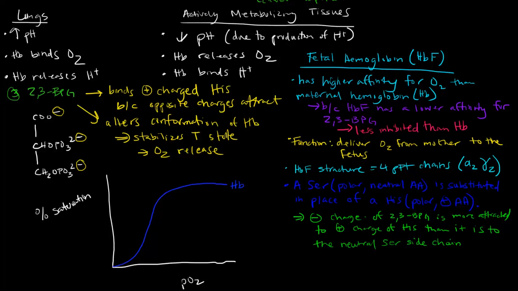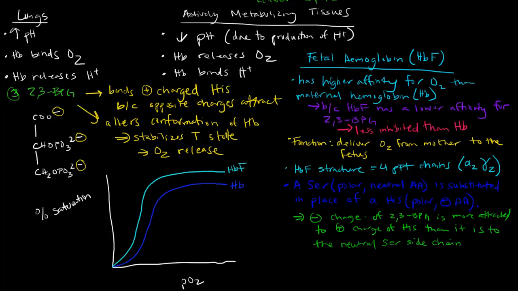Fetal hemoglobin, in the baby blue, would be shifted to the left of maternal hemoglobin because it has a higher affinity. It doesn't need as high a pressure of oxygen to become more saturated.